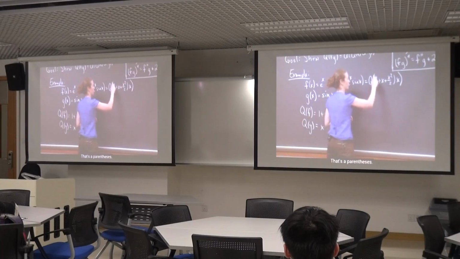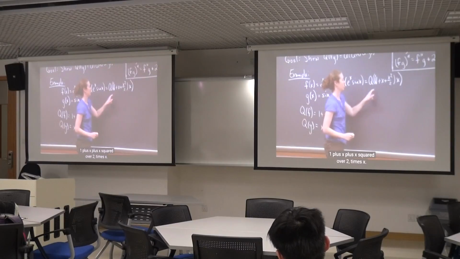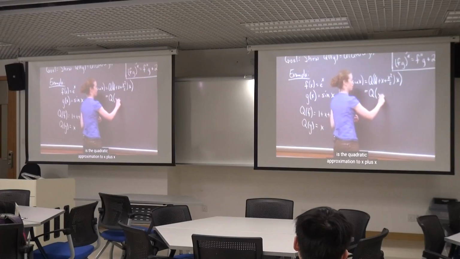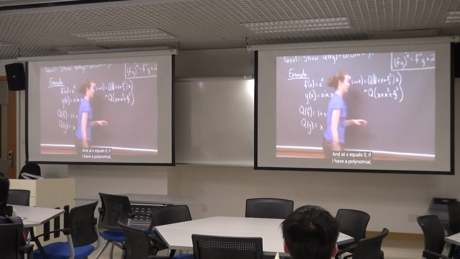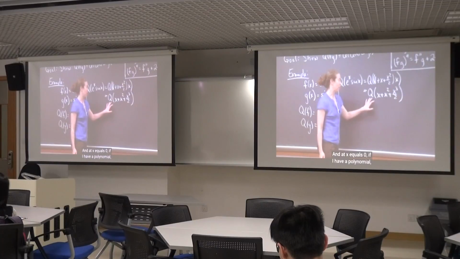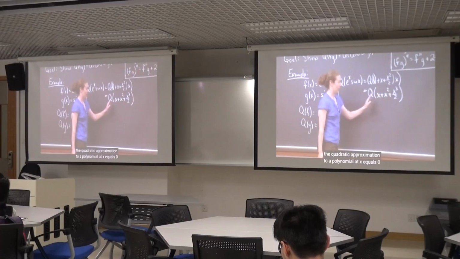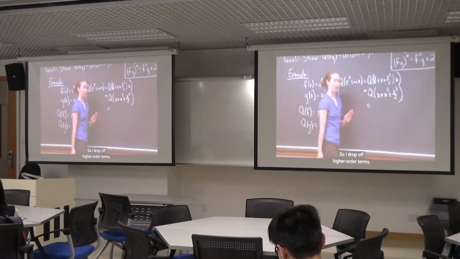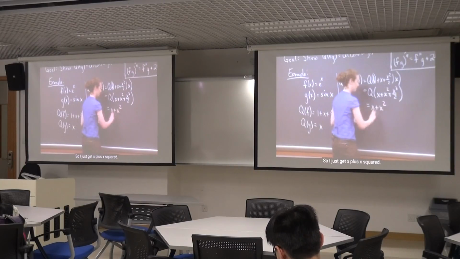That's not a 4, sorry, that's a parentheses. 1 plus x squared over 2 times x. And what is that? The quadratic approximation to that is the quadratic approximation to x plus x squared plus x cubed over 2. And at x equals 0, the quadratic approximation to a polynomial is just all the terms up to the quadratic term. So I drop off higher order terms. So I just get x plus x squared.